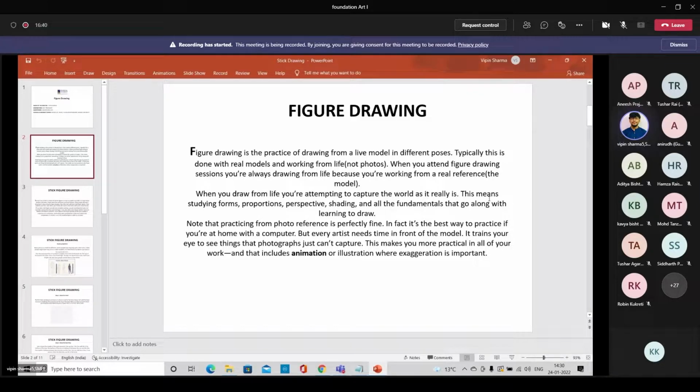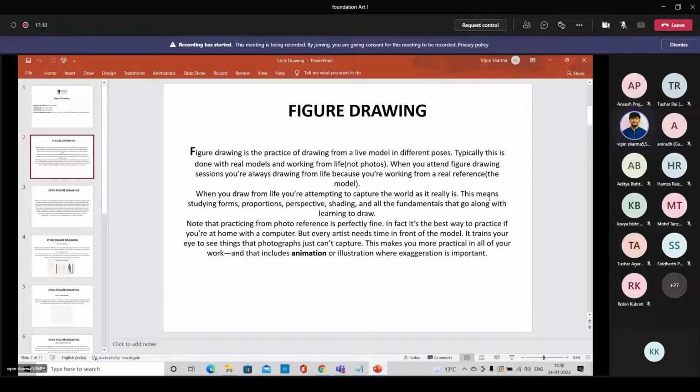Human anatomy is not a topic we can cover within a few slides or a few practice sessions. It's a kind of sea, and we need to jump inside it and spend our whole life understanding human anatomical drawing, because it's required in character and visual design in animation.